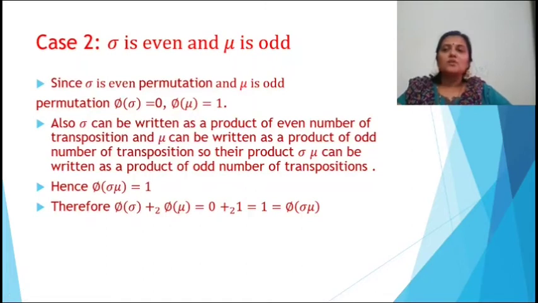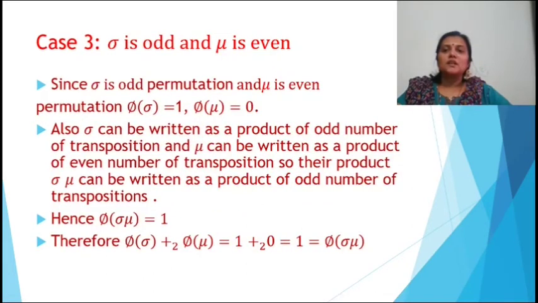Now we have to consider the third case. In case 3, sigma is odd and mu is even. Since sigma is an odd permutation and mu is an even permutation, phi of sigma is equal to 1 and phi of mu is equal to 0. So since sigma is odd, it can be written as a product of odd number of transpositions and mu can be written as a product of even number of transpositions.